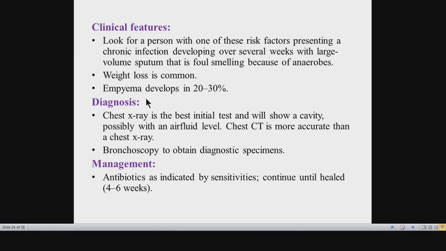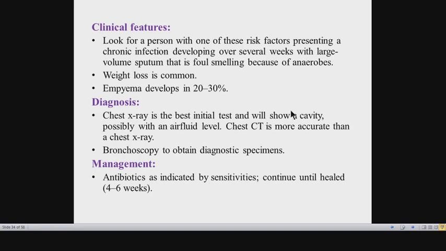Then let's talk about the diagnosis of lung abscess. Again, chest X-ray is the best initial test. In any form of chest infection, chest X-ray is the best initial test, and it will show you a cavity. It will show you cavitation in the lung, possibly with an air fluid level, but there is a wide differential diagnosis of lung cavitation. Lung abscess is not the only cause of lung cavitation.